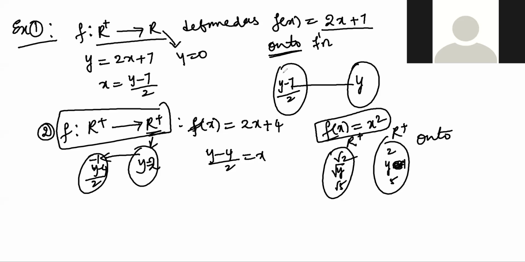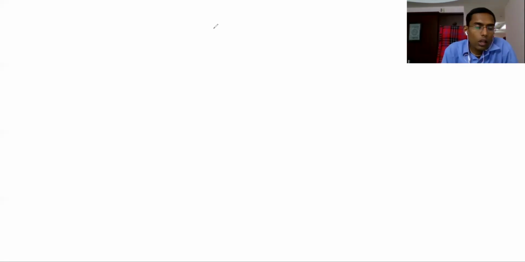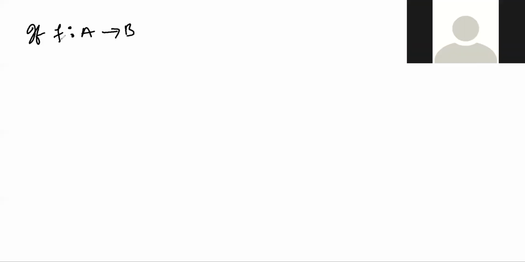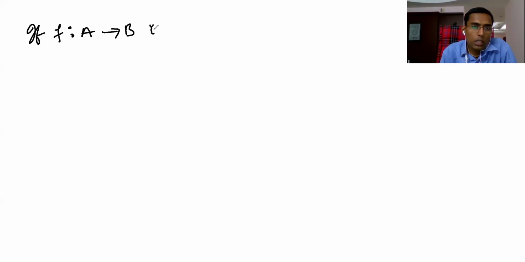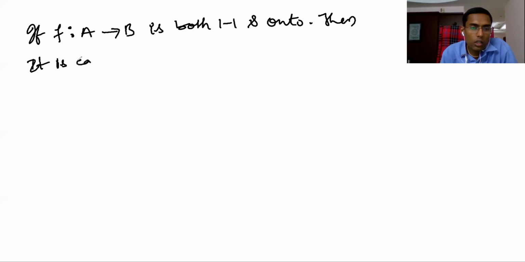If f is a function from A to B and it is both one-one and onto, then it is called a one-one onto function.